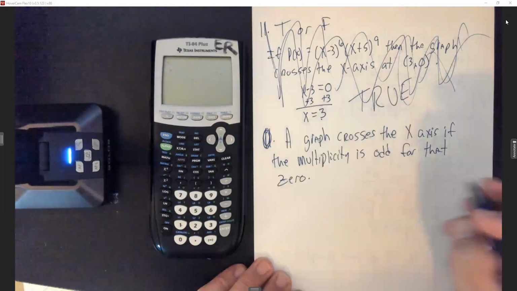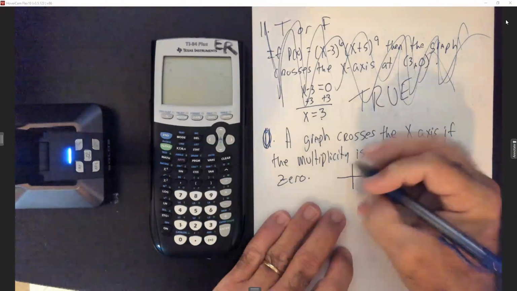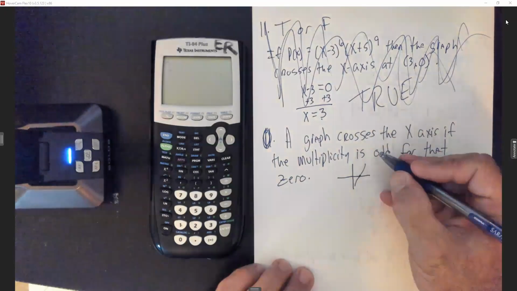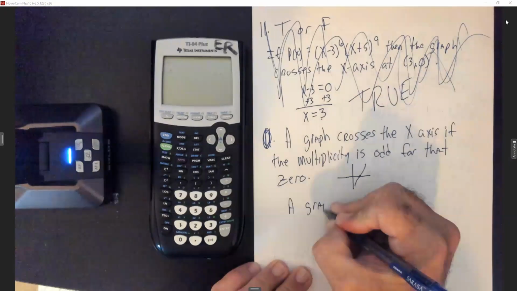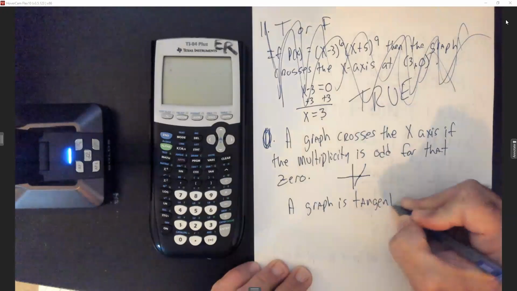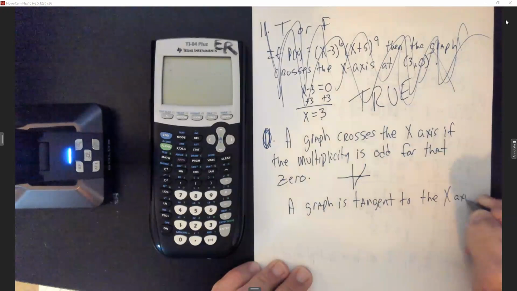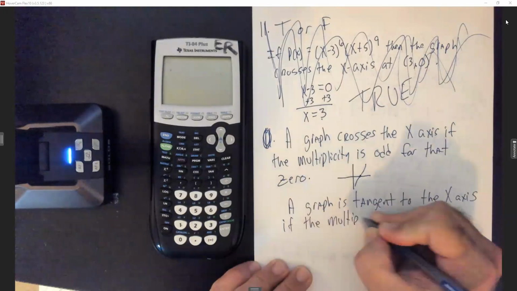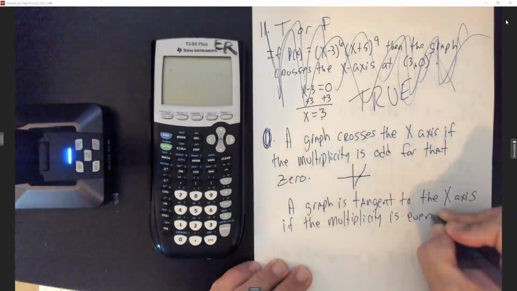What we mean by cross is that it would actually go right through the x-axis and keep going, okay? A graph is tangent to the x-axis if the multiplicity is even for that 0.